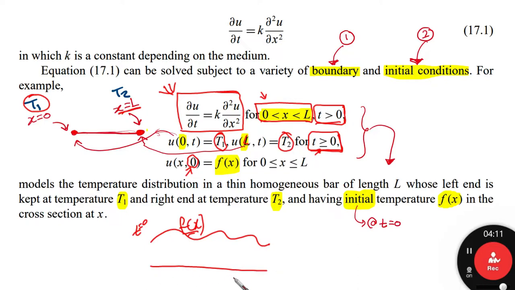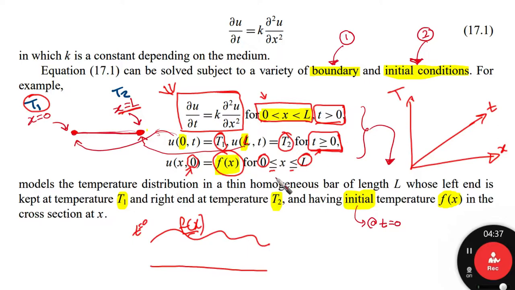So u of x at t equal to 0 equals f of x for x between 0 and L, with equality here. Do you remember the three axes that I mentioned before? This is x, this is t, and this is uppercase T. So at t equal to 0, we start with a function, which is f of x.